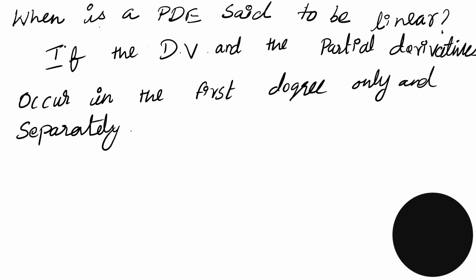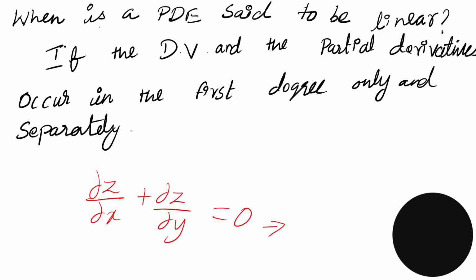If we see this using some examples, for example, dou z by dou x plus dou z by dou y equal to 0. This is a linear equation. Here z is the dependent variable, and x and y are independent variables.